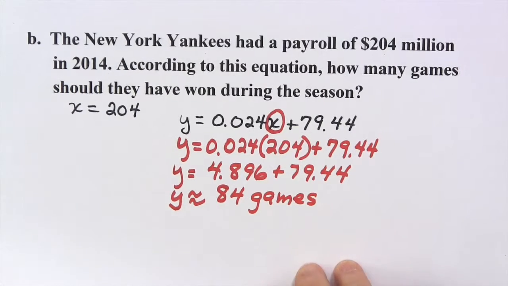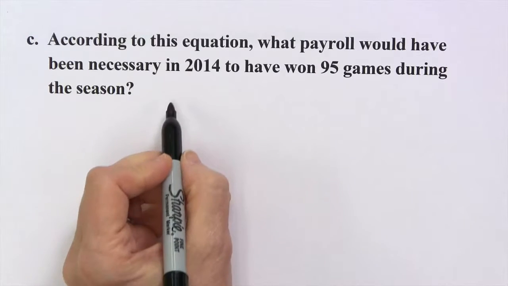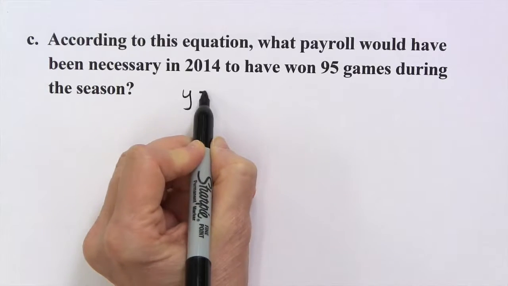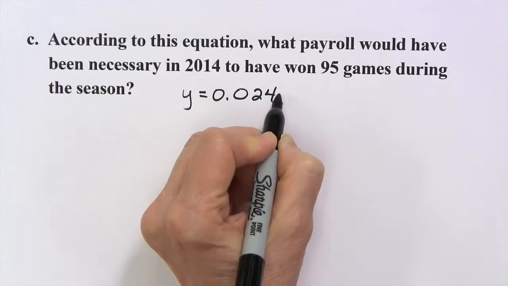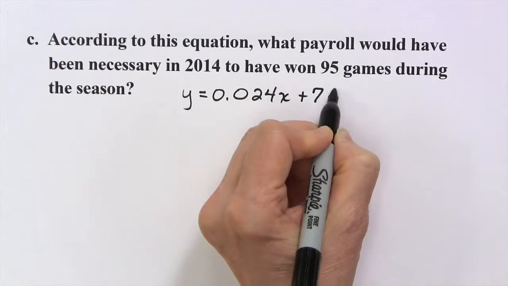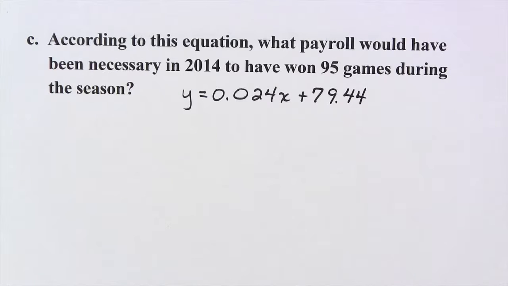Now let's continue to work with this equation, and let's look at part C. According to this equation, Y equals 0.024x plus 79.44, what payroll would have been necessary?